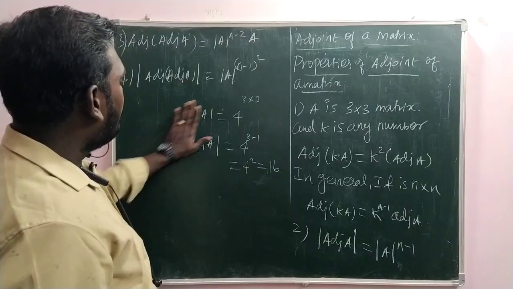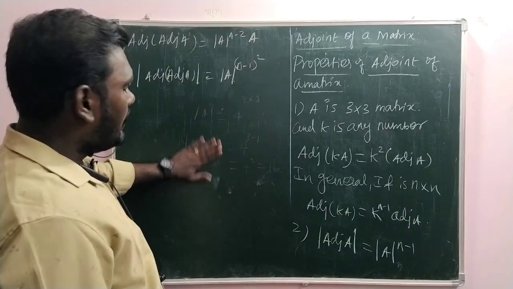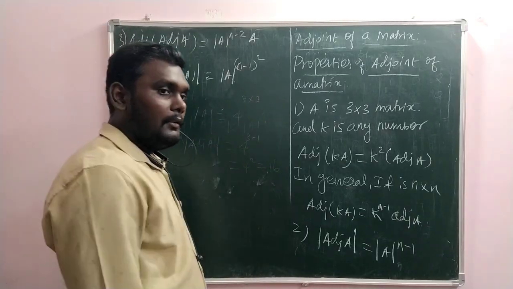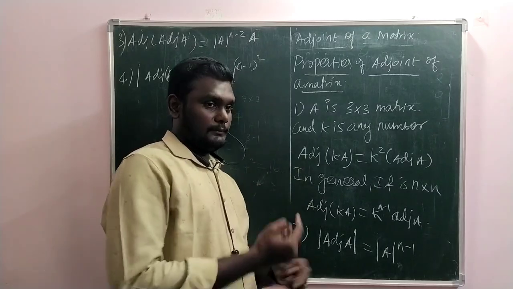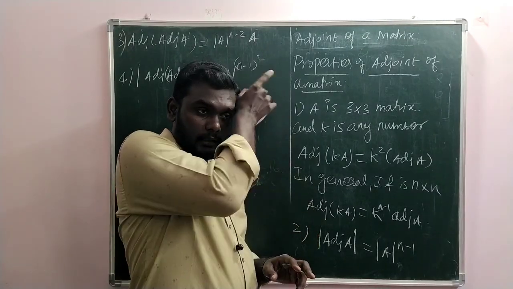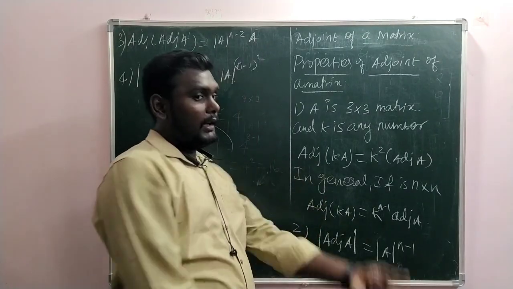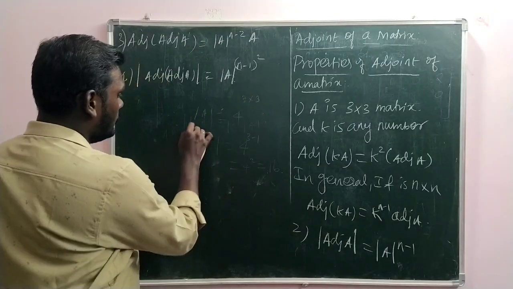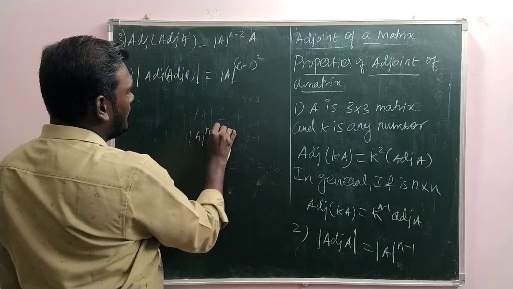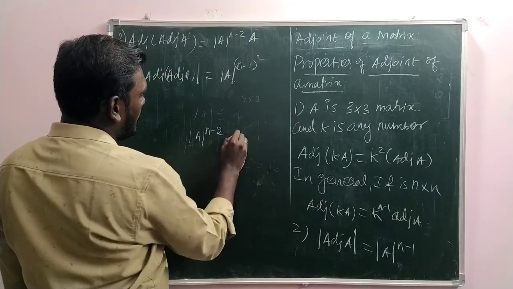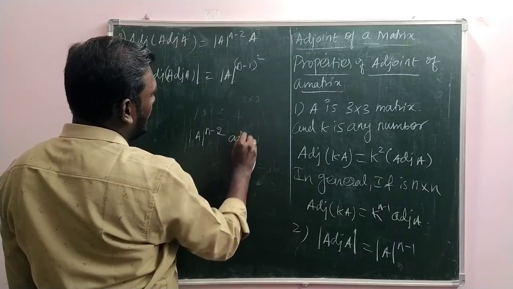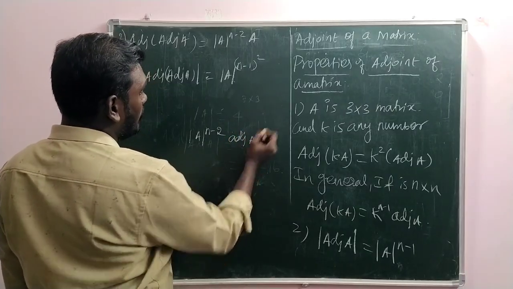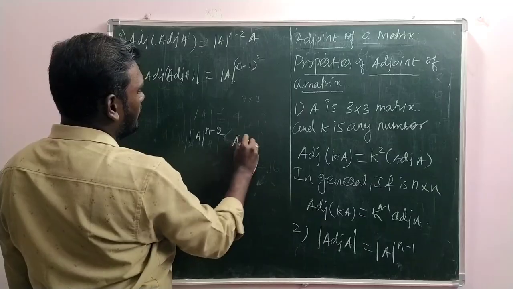Okay. And the same way, we took one adjoint matrix, right? For that, if we take the adjoint again, then it will be equal to the original determinant power n minus 2 into the original matrix.